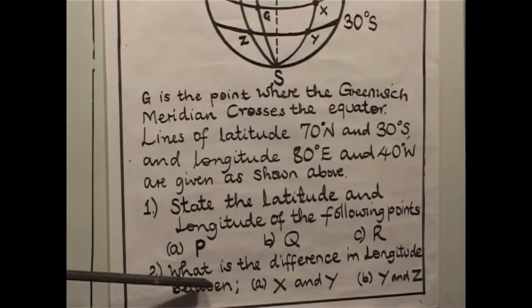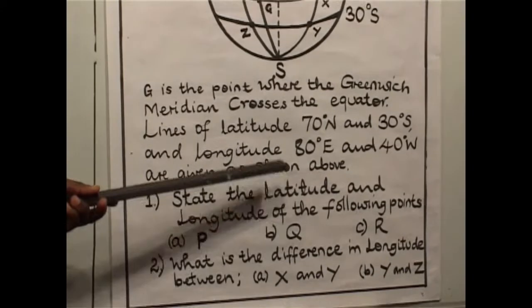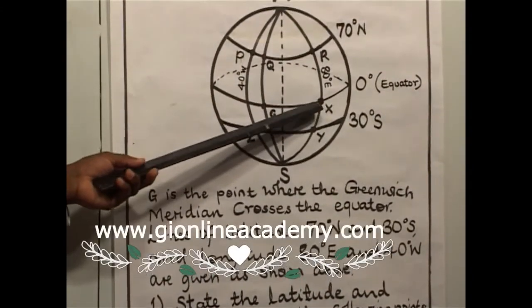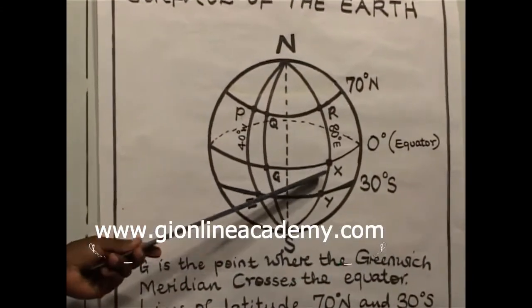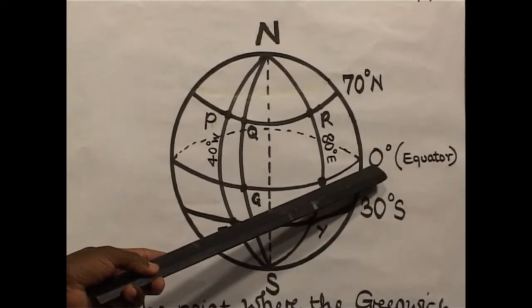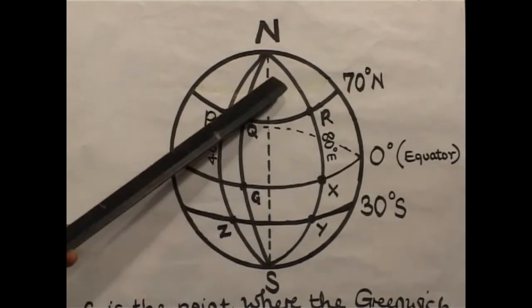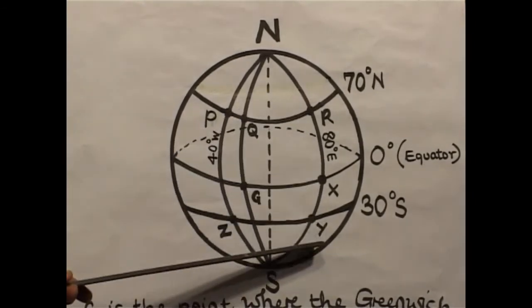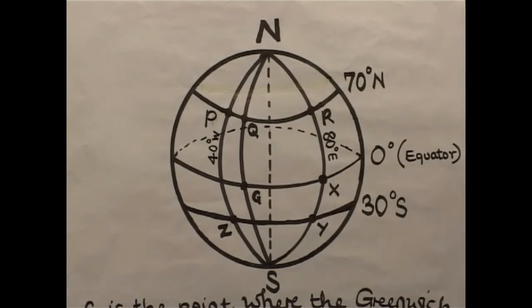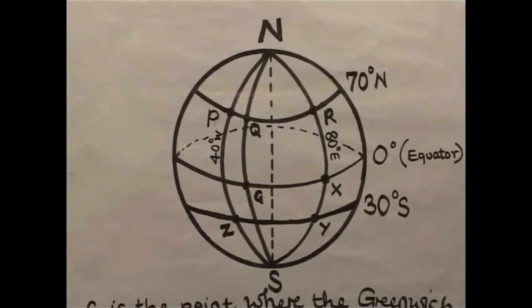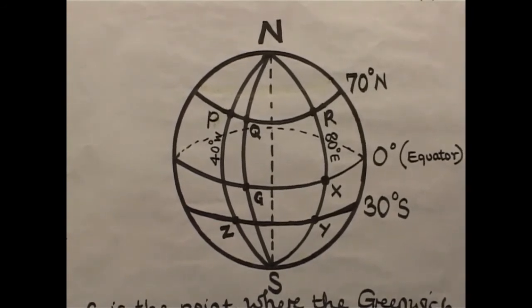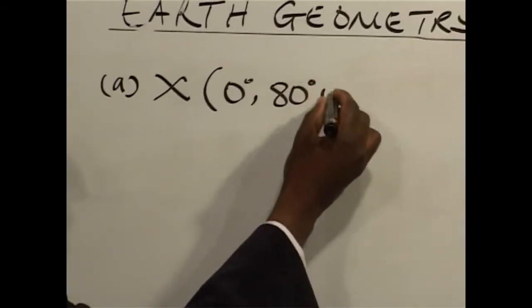So from the chart we can see point X. Point X lies on the equator, which is latitude 0 degrees, and the longitude for X is 80 degrees east. So we can write the position of point X as 0 degrees, 80 degrees east.